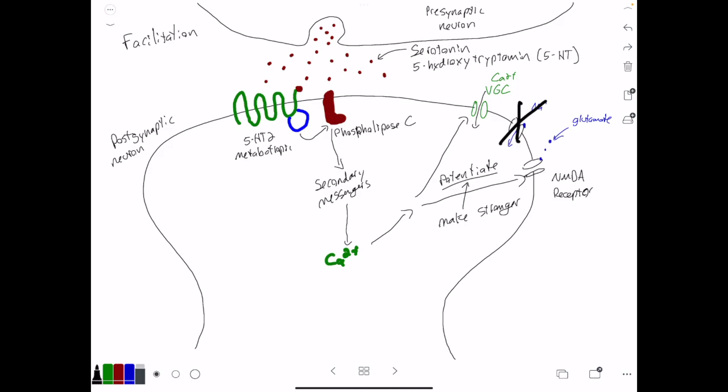In addition to making calcium voltage-gated channels stronger, it can also increase or potentiate the glutamate channels as well. And so it can make the NMDA receptors more efficient or efficacious for glutamate.